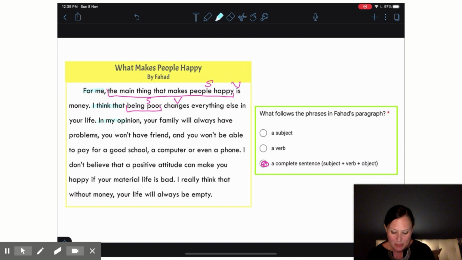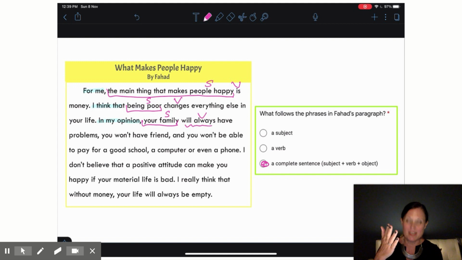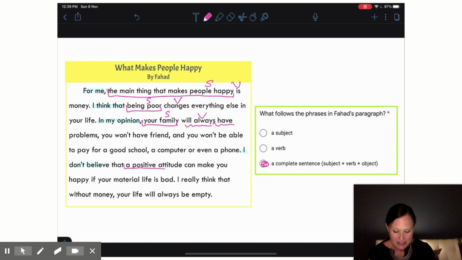The next sentence, in my opinion, this one's a little bit more straightforward. Your family, that's my subject. And then here's my verb, will always have. That's my modal verb phrase there. In my next, I don't believe that a positive attitude, there's my subject. And then I have another modal verb, can make you happy.